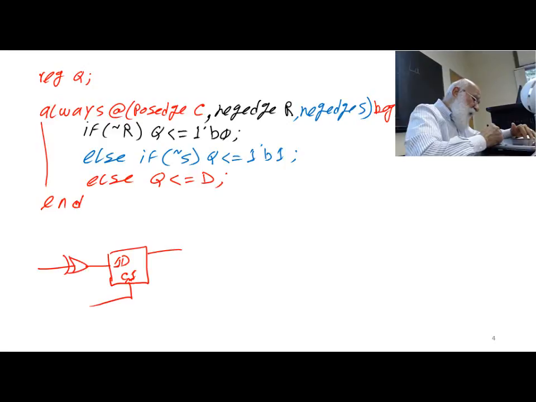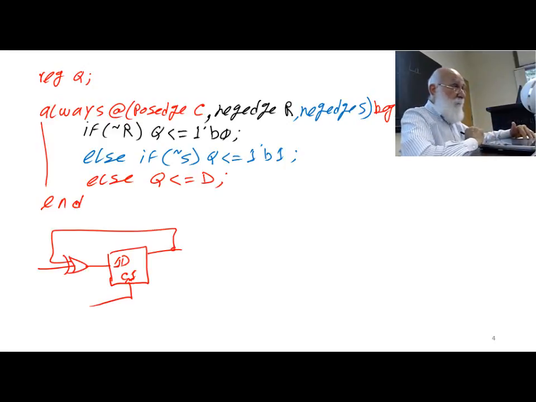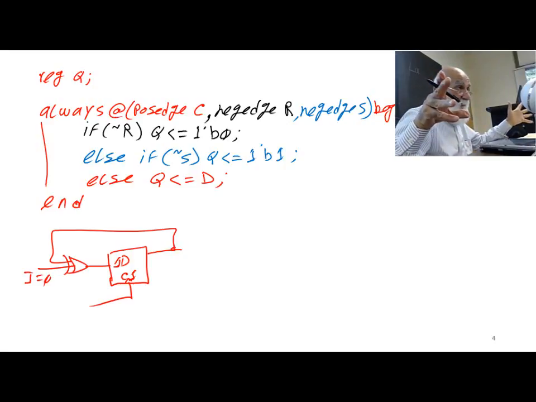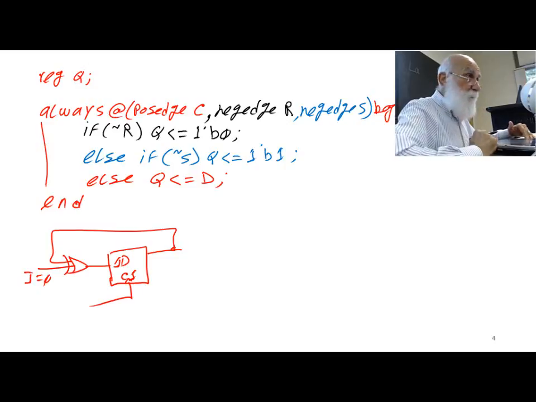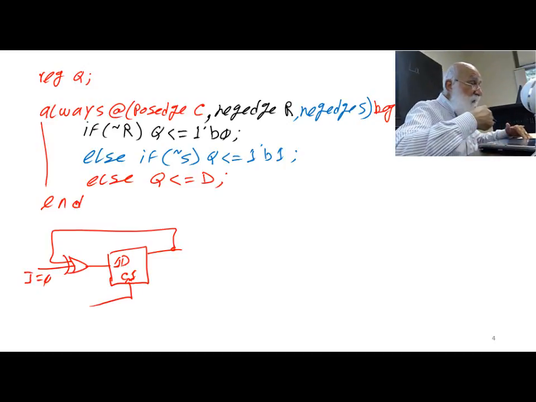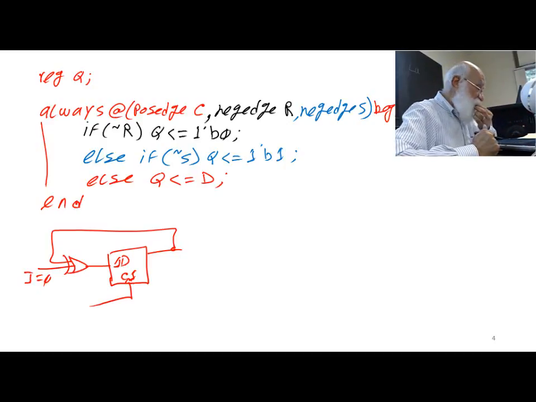If I want to change it to a T flip-flop, this is how it works. If T is 0, then this just circulates the data back into itself, which means nothing changes. If T is 1, then it complements it and puts it back into itself, and therefore this is a T flip-flop.